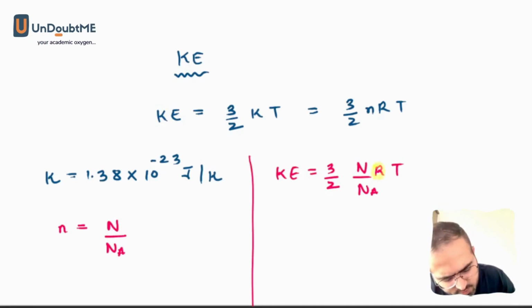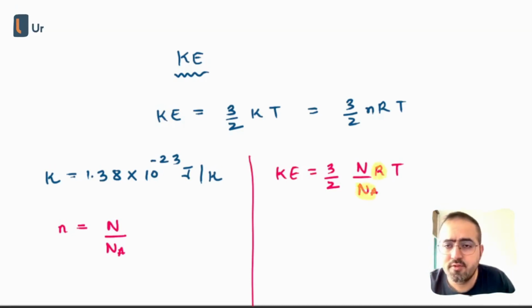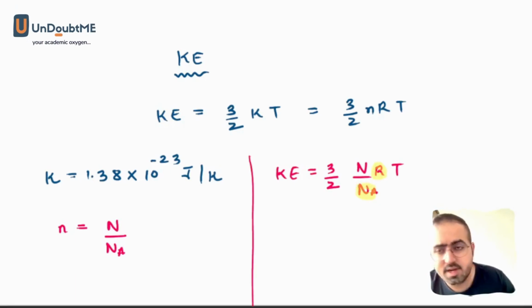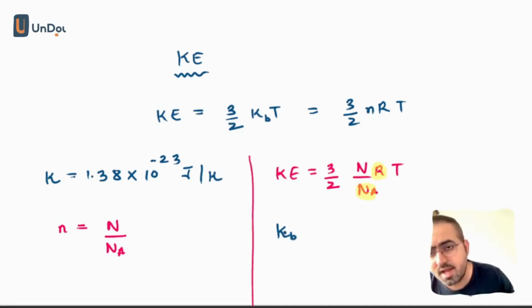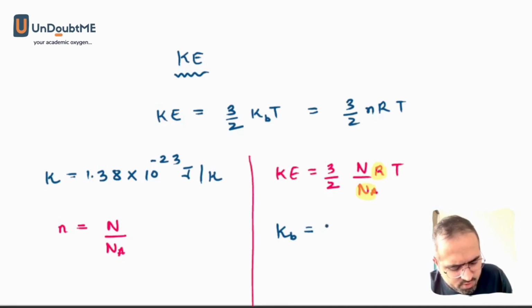Both R and Na being constants, their combination is called k. So from here I got the Boltzmann constant. Let me write it as Kb so that it does not get confused with kinetic energy. The Boltzmann constant is given by R over Na.